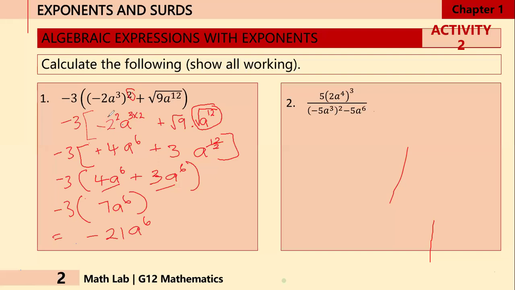The negative 2 squared is supposed to give us 4. This is what we would get. Negative 2 squared gives us positive 4. I think this is correct. The negative 2, yes, it changes to 4.